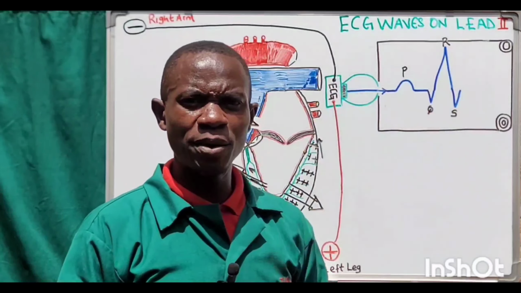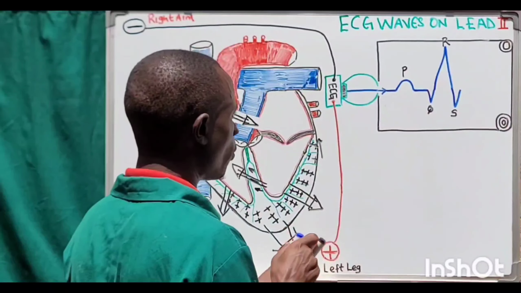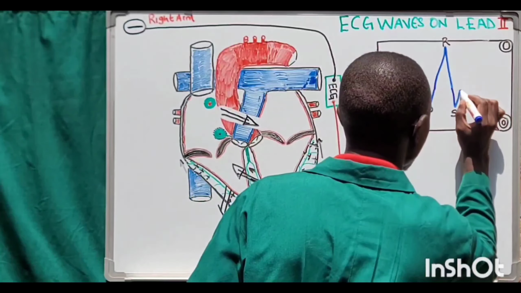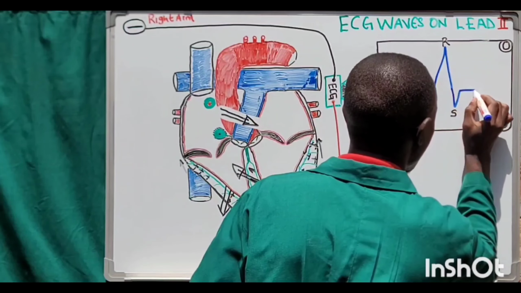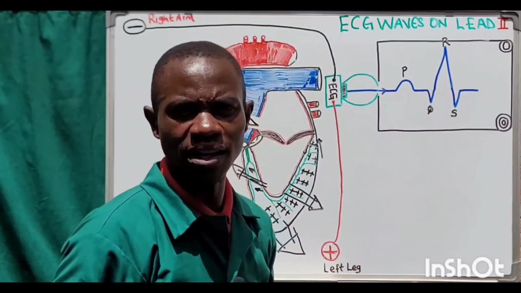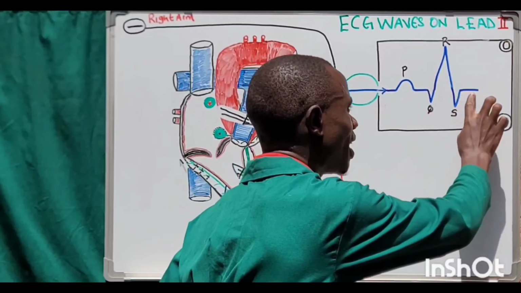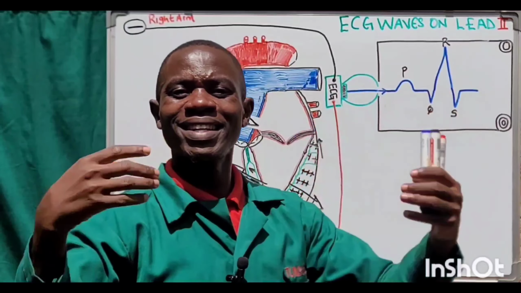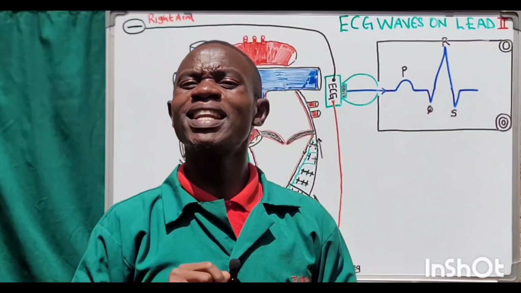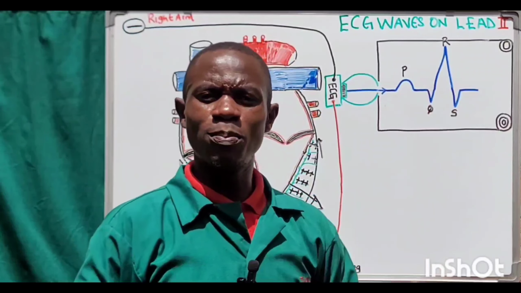At this time, the whole of this area is positively charged. For that reason, our pointer is going to come back to the neutral position, giving us this isoelectric line, and this isoelectric line denotes that the entire ventricular myocardium is now fully depolarized.